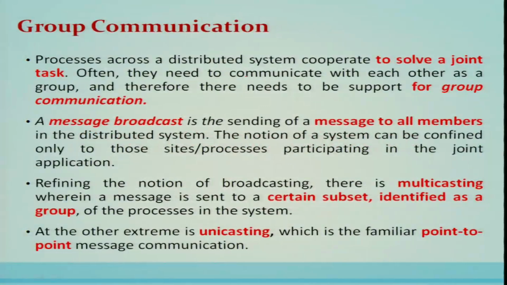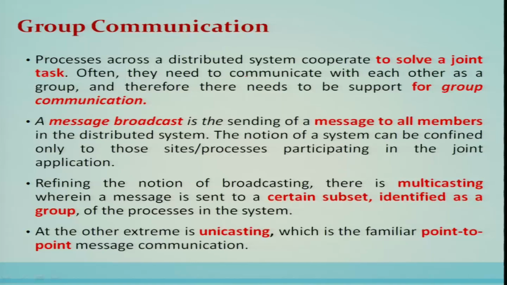Now the group communication. Processes across a distributed system cooperate to solve a joint task. Often they need to communicate with each other as a group, and therefore there needs to be support for group communication.